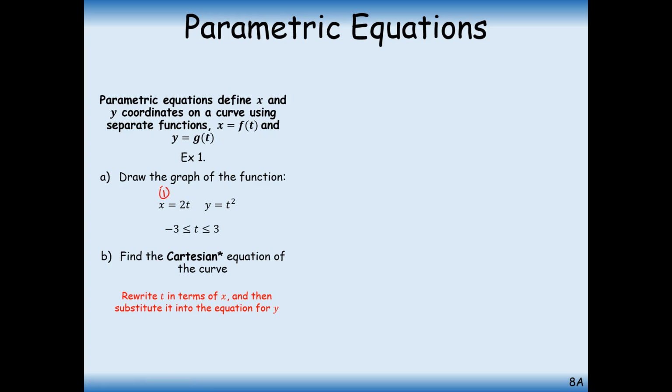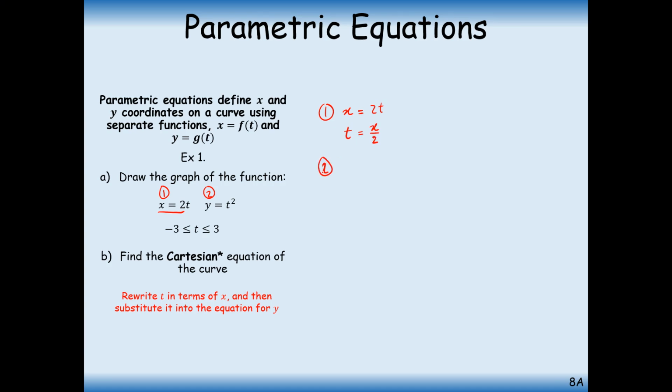So if we call this equation 1 and this equation 2, first we rearrange that first equation so that t will be the subject of the formula, so x over 2 equals t.